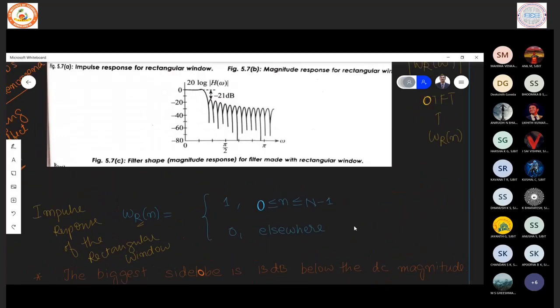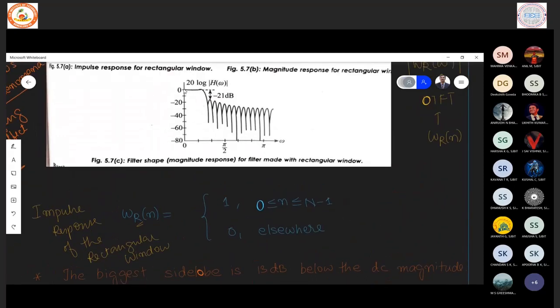The margin between this region, called the pass band, and the region from here onwards, the stop band, is desirable. So how much is the difference between the pass band and stop band gains in the case of the rectangular window? It is minus 21 dB.